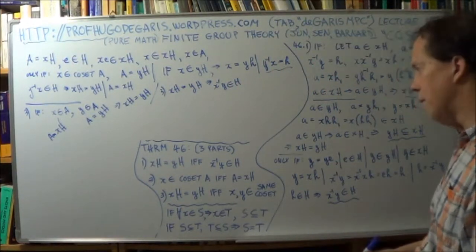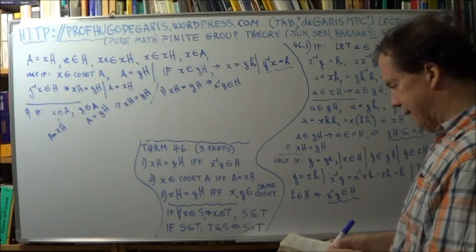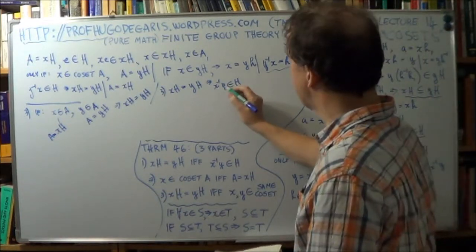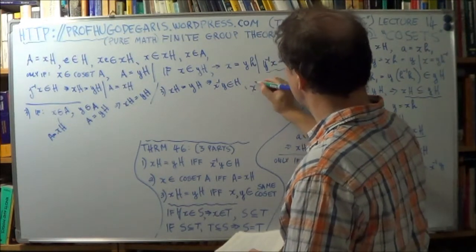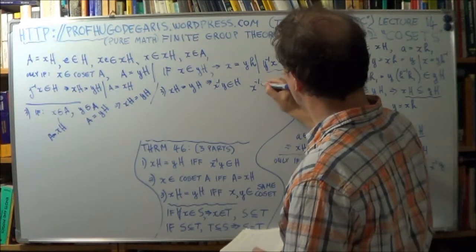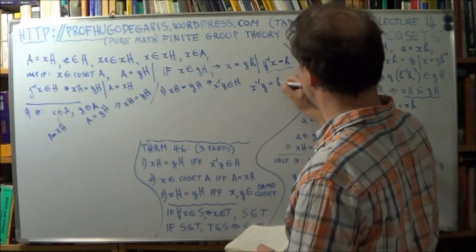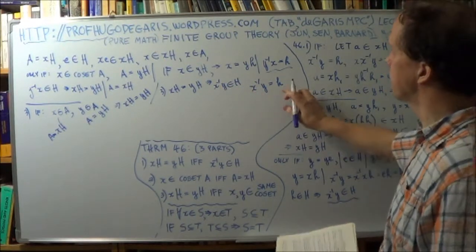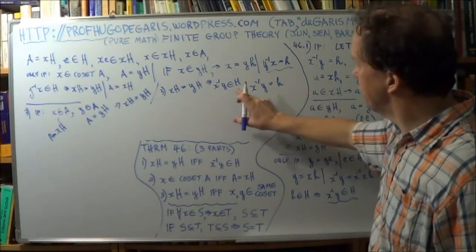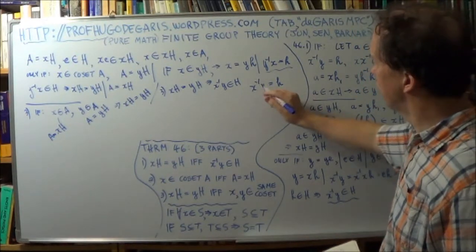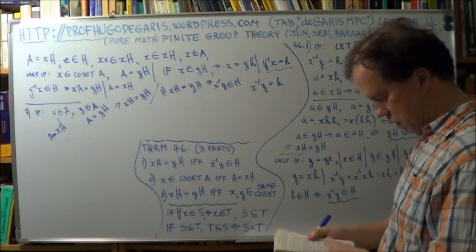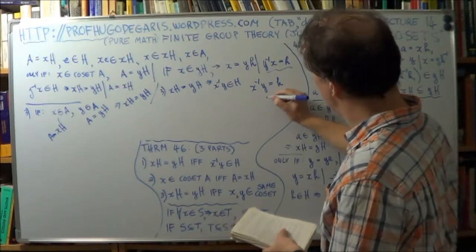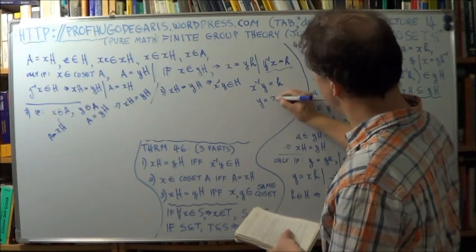Right? So now if that's true, x inverse y must be equal to some h. Right? This belongs to the subset, so it must be equal to some member of your subgroup. Call it h. Right? So x inverse y is h. Right? So you can rewrite this then as y equals xh.